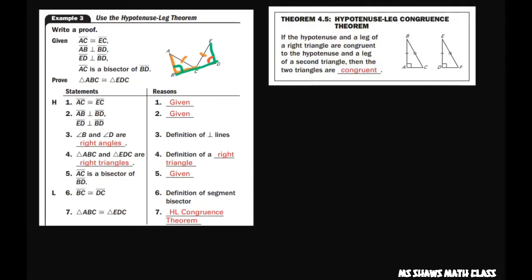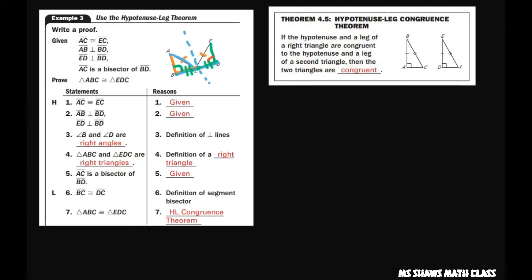So AC is a bisector of BD. Well, let me see again. Here's AC, a bisector of BD. So that means it cuts it in half. That means these two sides are congruent. It's like the midpoint, but you're cutting the section up.